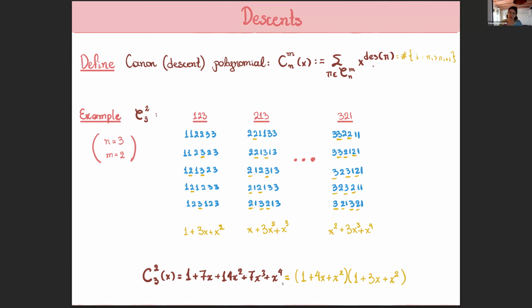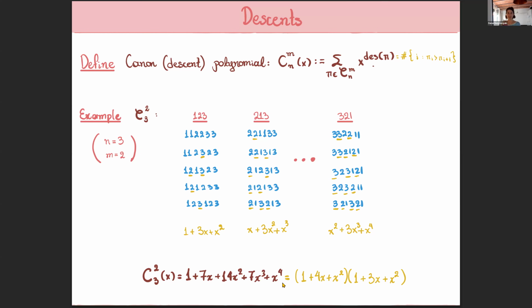So there may be two questions that come to mind when you see this polynomial, right? The first one is the fact that it's palindromic. Is it always palindromic? That means that the coefficients read the same from left to right as from right to left. And the second is that this polynomial has a nice factorization into two other polynomials.